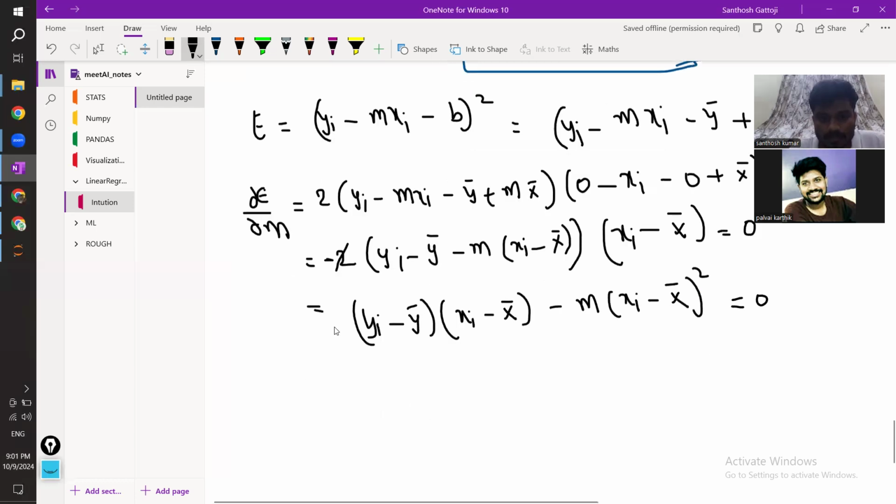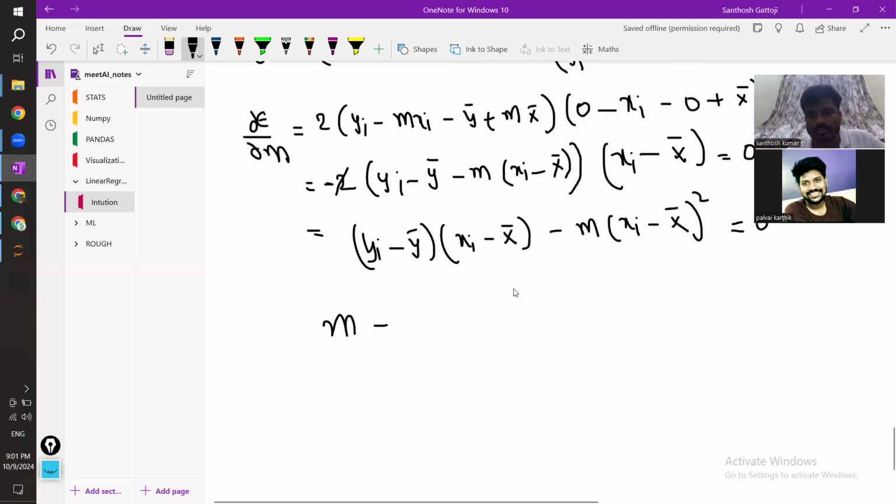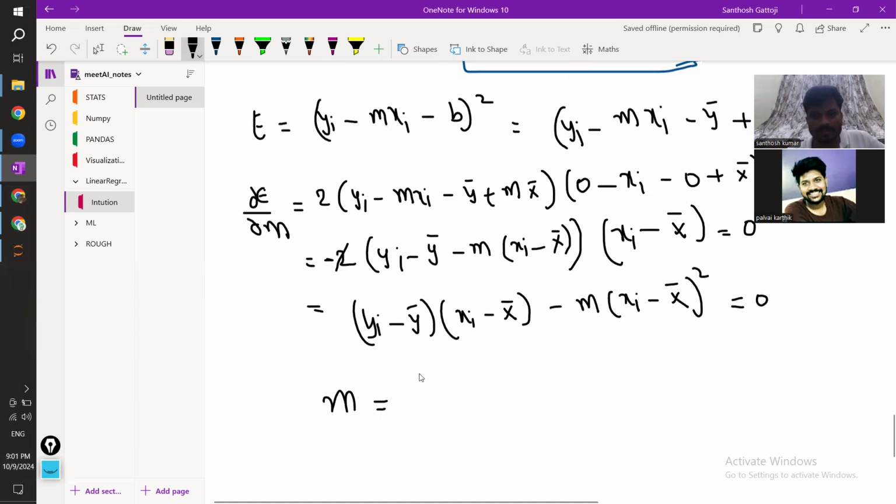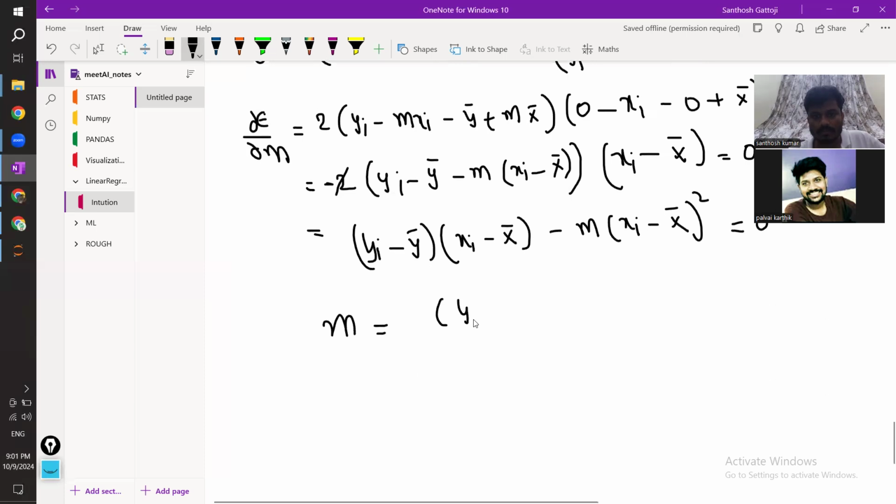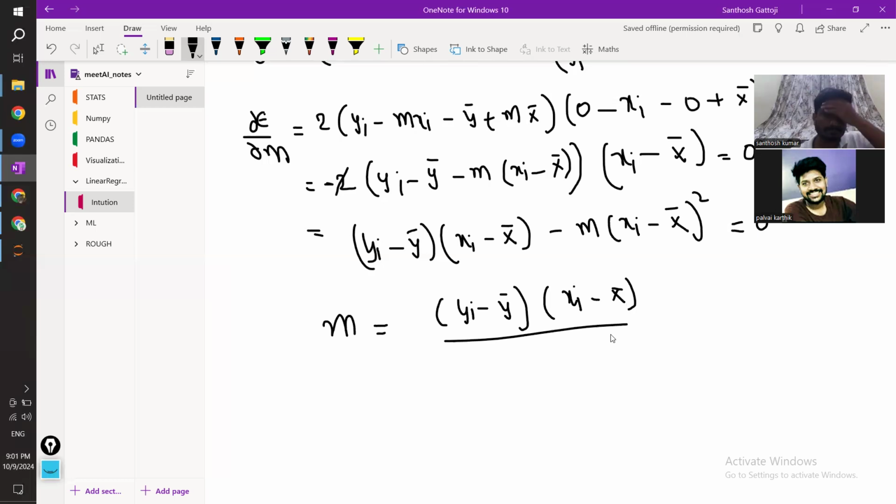Then m equals, this term will go here and this will be divided over here. That will be (yi minus y bar) into (xi minus x bar), divided by (xi minus x bar) whole square.